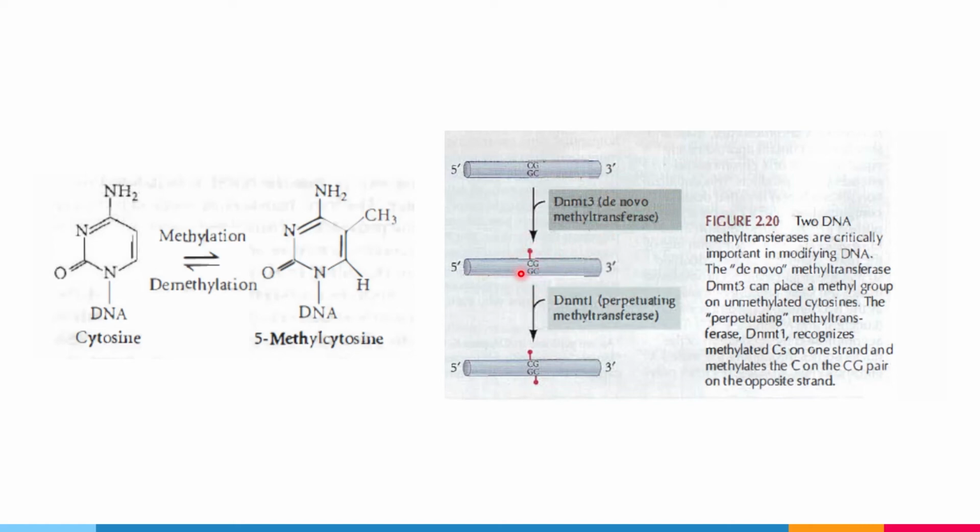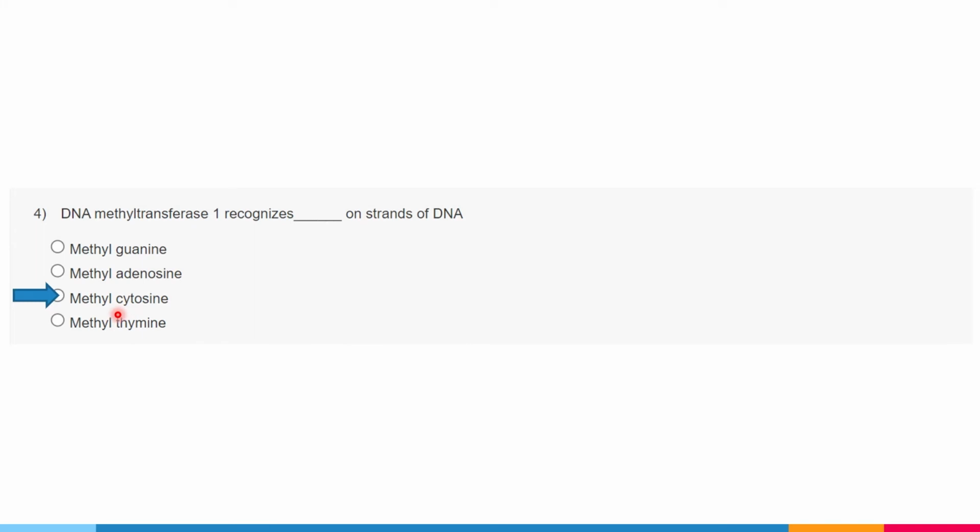Once this C on one of the strands is methylated, then comes a perpetuating methyl transferase such as DNA methyl transferase 1 that was asked in the question, and upon recognizing cytosine with a methyl group added to it in one strand, it adds a methyl group to the nearest cytosine in the other strand. And thus DNA methyl transferase 1 recognizes 5-methyl cytosine and then methylates a cytosine on the other strand. So Advait is correct. The answer is methyl cytosine.